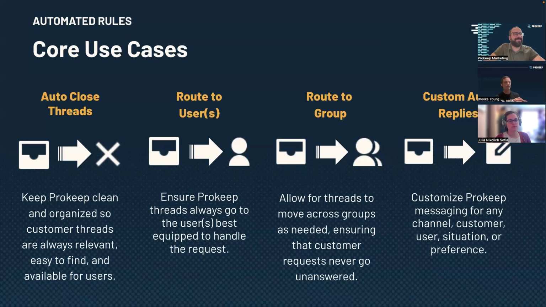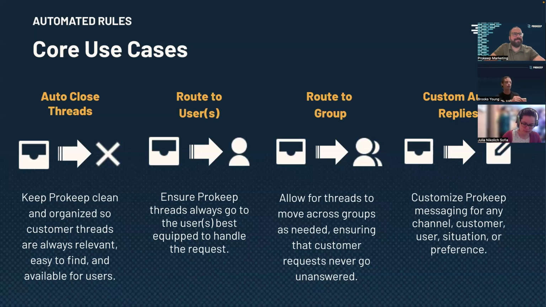The next one is routing to a group. This is a great feature that allows you and your teammates for the threads to move across the groups as needed, to make sure that all of the different types of requests never go unanswered, right? So maybe if somebody knows a little bit more about a certain product, you can easily set that to automatically route over to a group that maybe has a little bit more experience there.